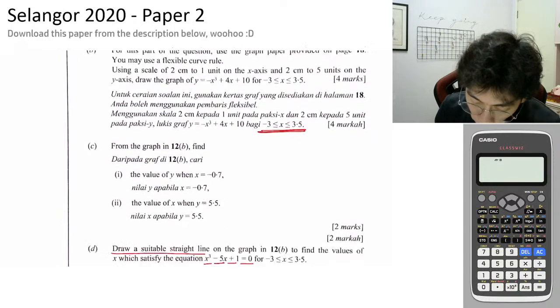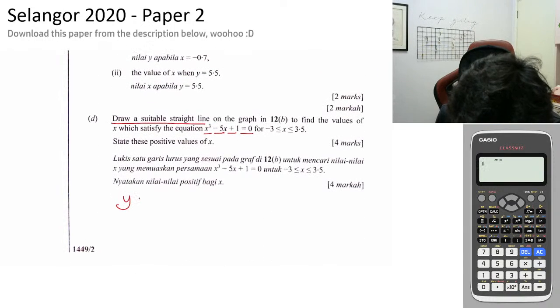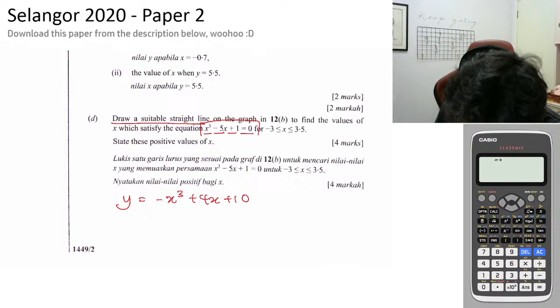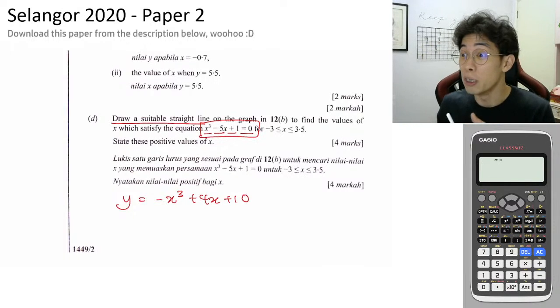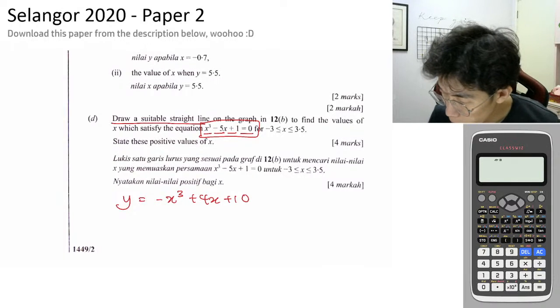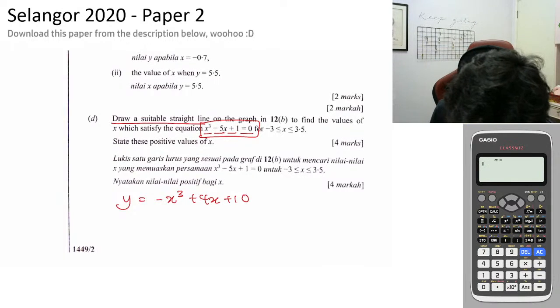So you will move down. y equals, the working comes already, minus x cubed plus 4x plus 10, and you take this one, make sure it equals 0. Do you notice x cubed is comparable with x cubed? So I put it together: x cubed minus 5x plus 1 equals 0.